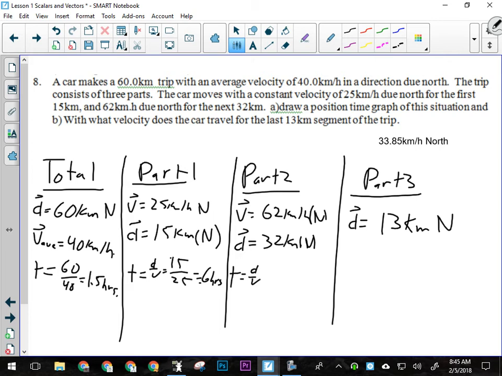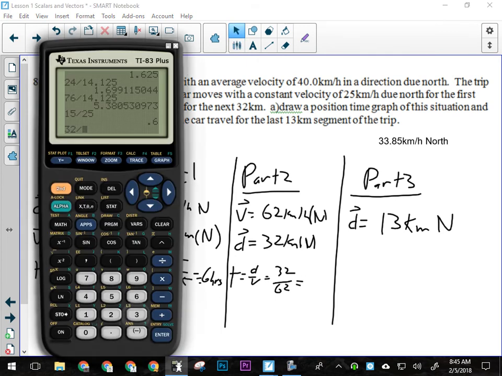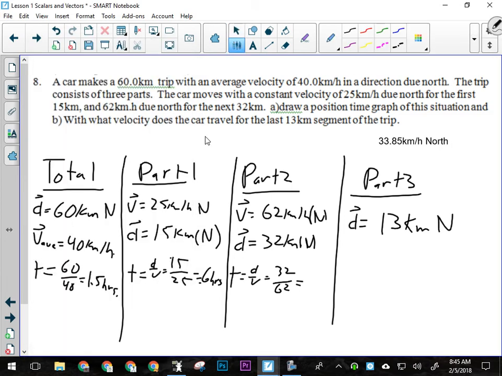Time will equal D over V, so that'll be 32 over 62. So we got 0.516 hours there. Would I keep all those decimals? Yes, I'm just not going to write them all down. I am going to keep them. They're in the calculator, but I'm not going to write them all down.